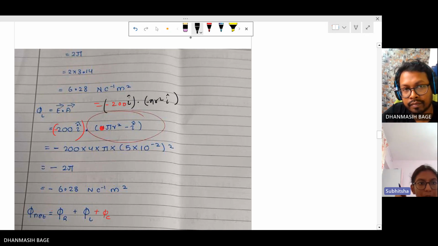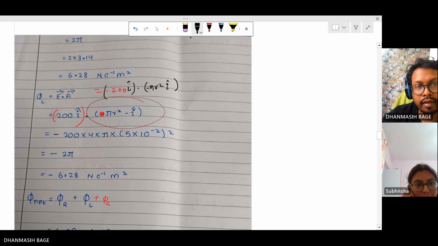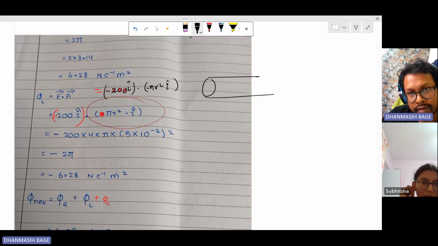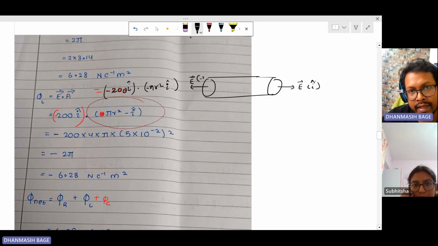Can I see what I wrote up in the file? Yes. Here it is minus 200 I cap because the electric field is in something like this. This is the electric field here, and here the electric field is in this direction. Obviously, this is in the I cap direction, and this is in the minus I cap direction.